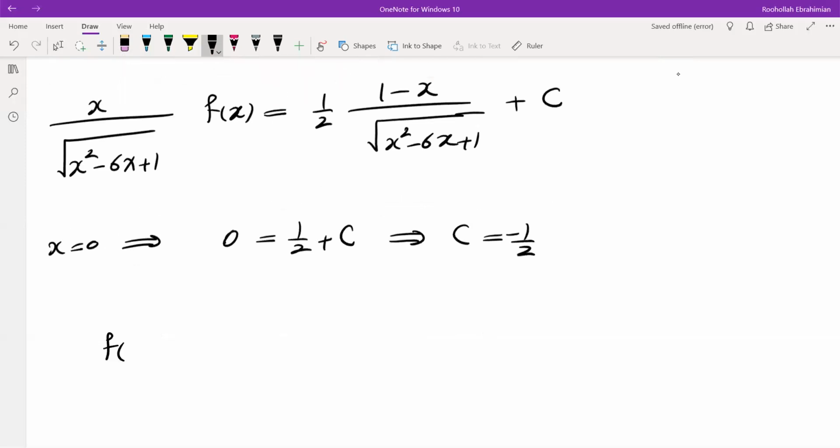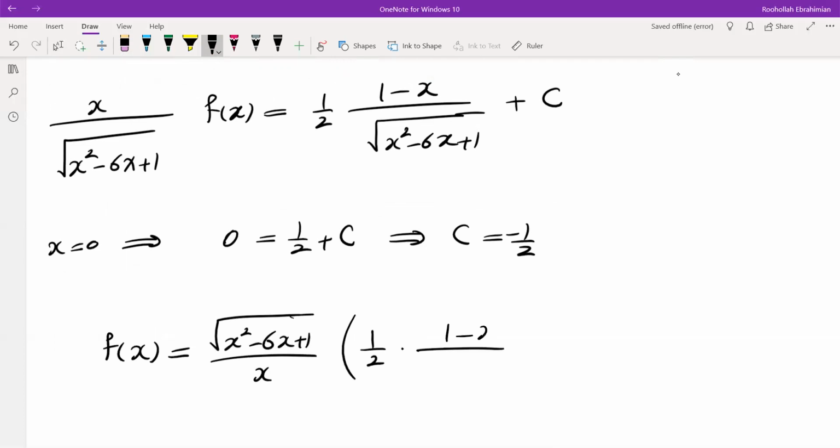So f of x becomes root x squared minus 6x plus 1 over x, multiplied by 1/2 times 1 minus x over root x squared minus 6x plus 1, minus 1/2.